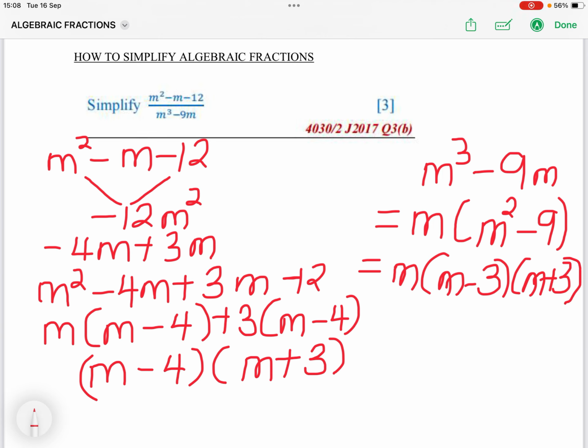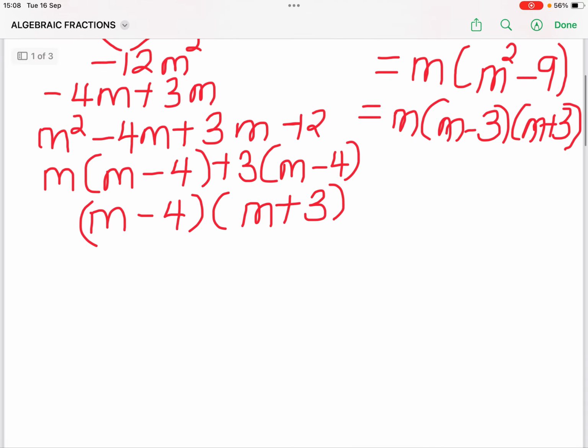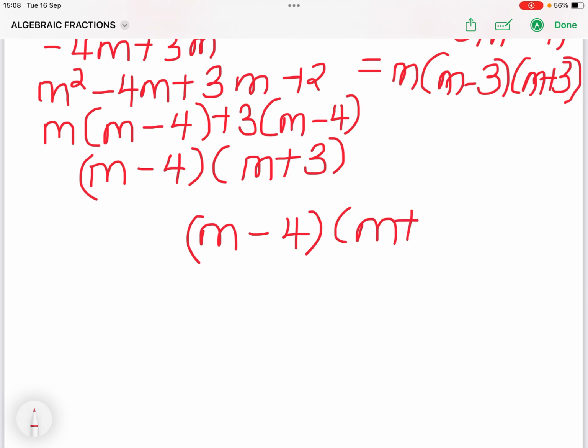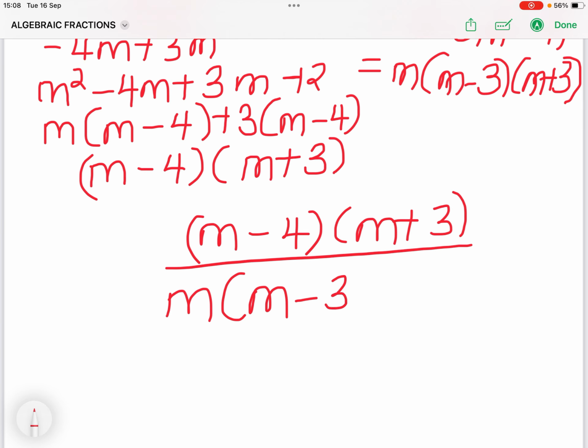So after we are done with factorizing, we now need to rewrite our expression using the factorized forms. So we write m minus 4 times m plus 3, all over m times m minus 3 times m plus 3.